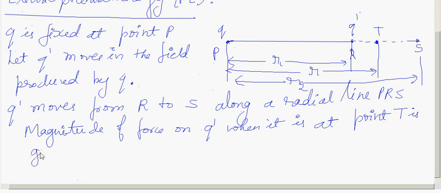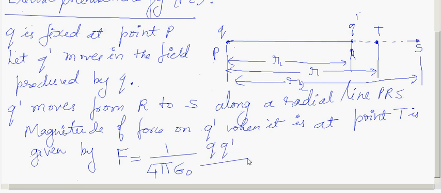F is equal to 1 by 4 pi epsilon naught into Q Q dash divided by r square.